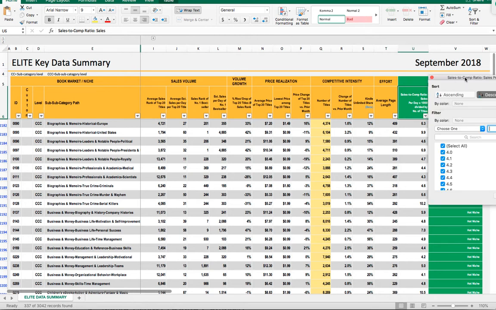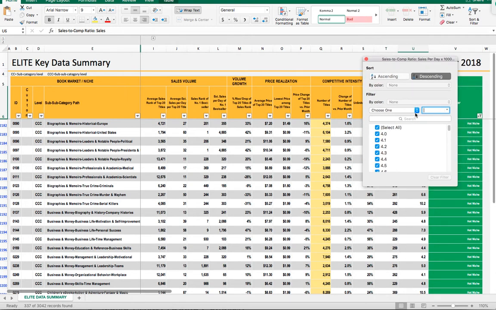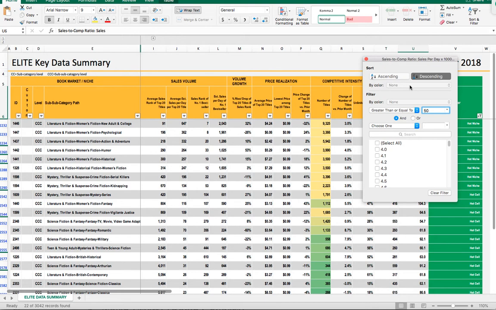So the next thing I'm going to do is say I want greater or equal to 50. Okay, and yeah, I can do descending. Yeah, that's fine.